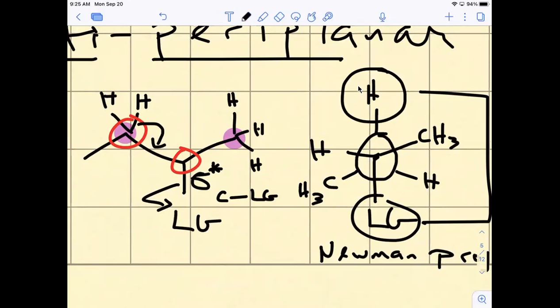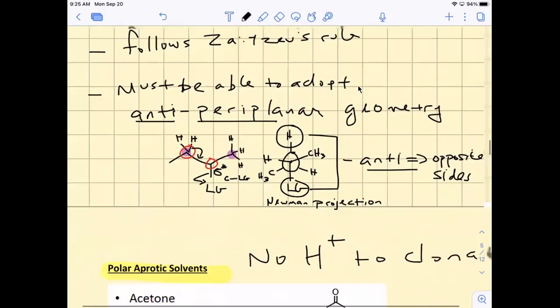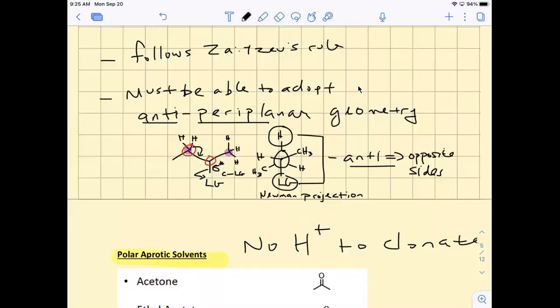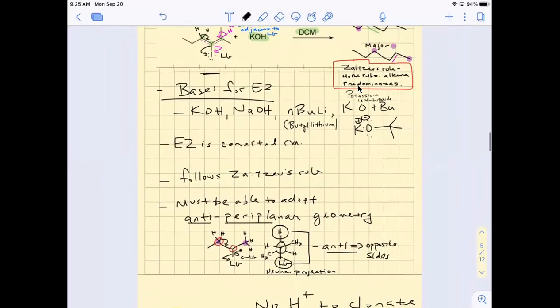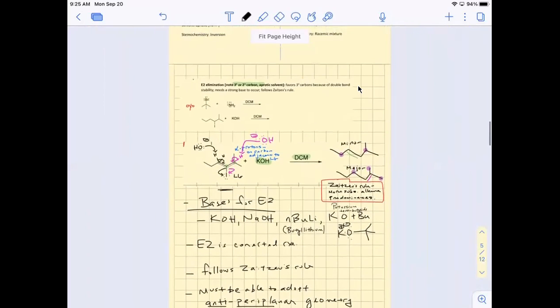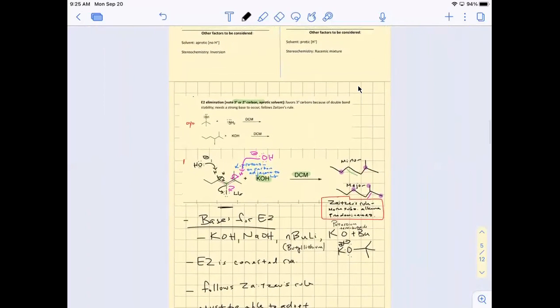Right, but that's kind of beyond the scope of the class, but that's the reasoning behind why it has to adopt this geometry. So anytime you do an E2 elimination, right, there's a geometric requirement that the leaving group and the alpha proton be antiperiplanar.